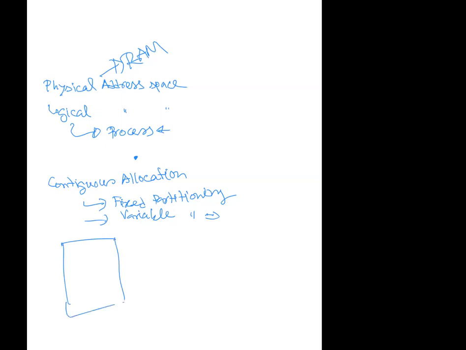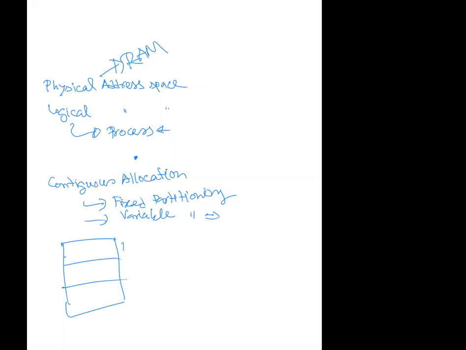For fixed partitioning, it is fixed before you turn on your PC: your memory is partitioned into several fixed spaces. Let's say it is partitioned into 3 spaces, so you can accommodate at best 3 processes in this fixed partitioning allocation.